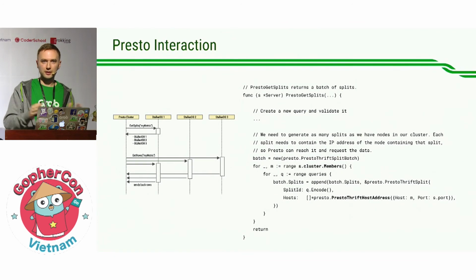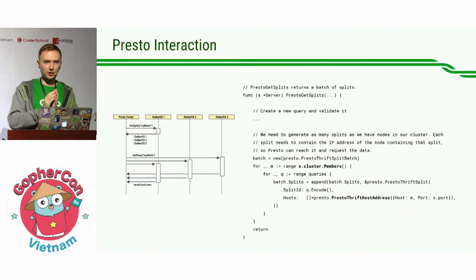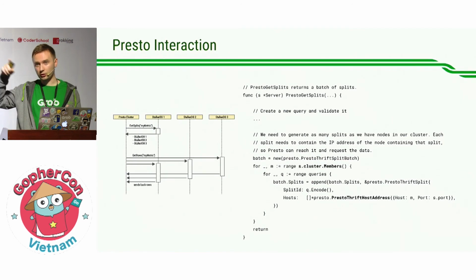Let's say you have a massive cluster or data set, maybe 10 machines. Presto queries one of the machines, asking for the data. All the machines gossip with each other, so 10 Stalker nodes talk to each other and know the cluster state.